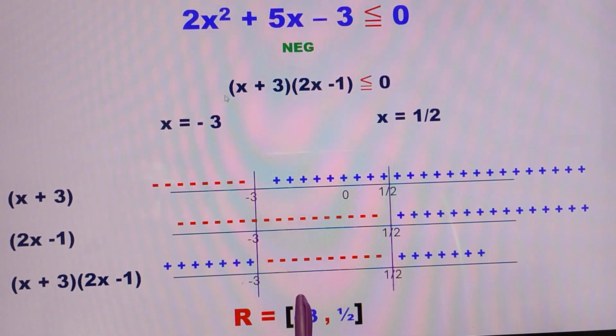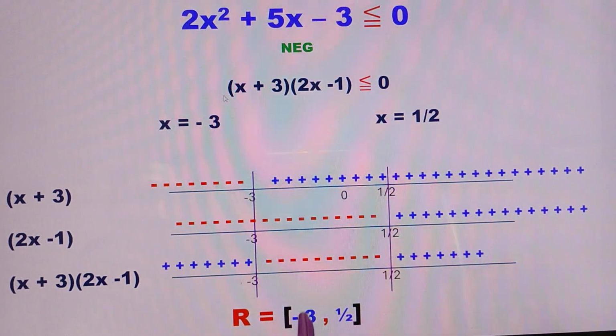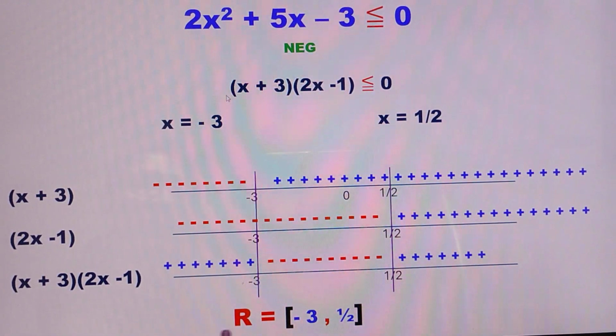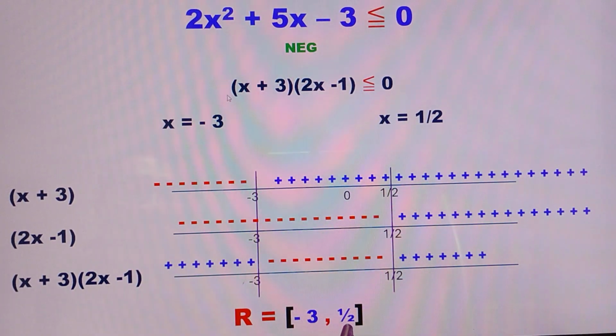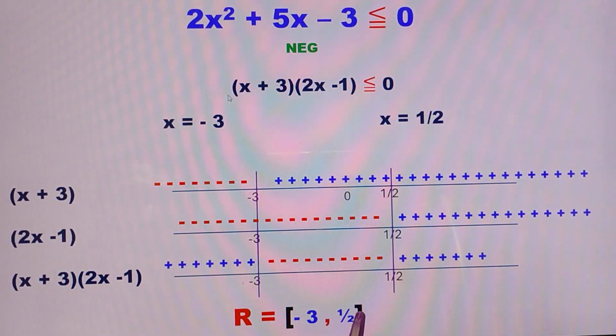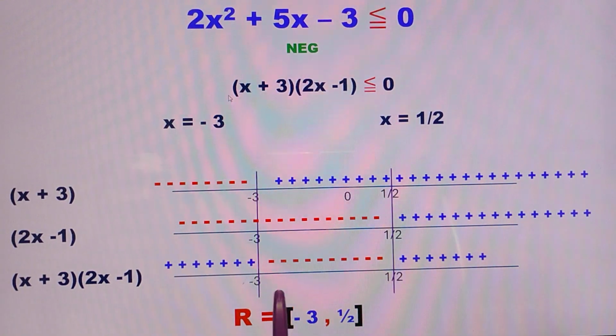And to include that value, we need to use brackets. In a half, that is the other frontier value, we need to use a bracket too. So the result of this inequality is the interval that goes from minus 3 to a half, including those values.